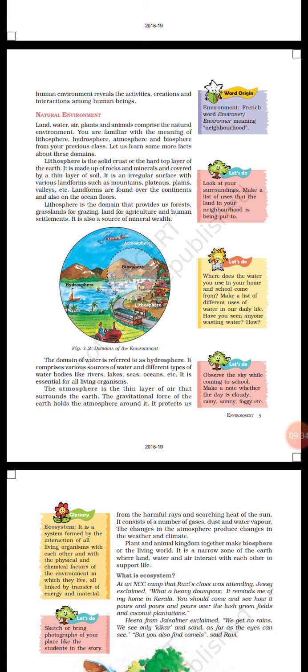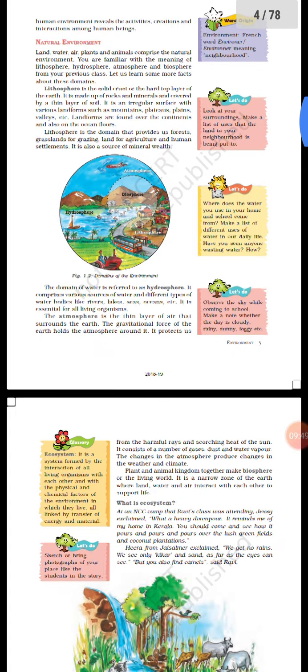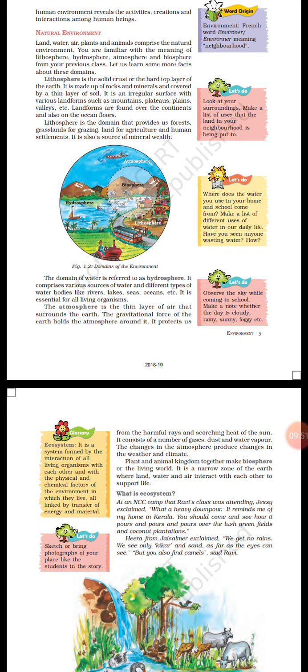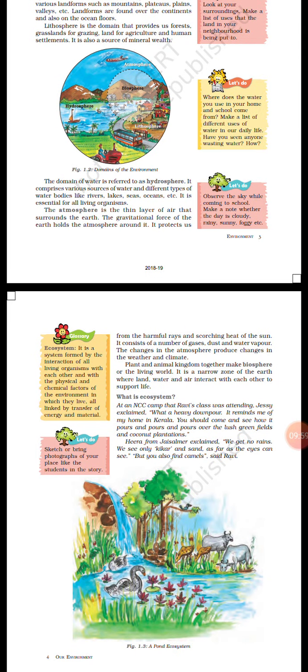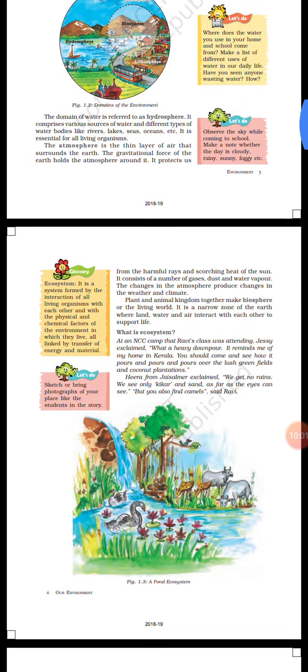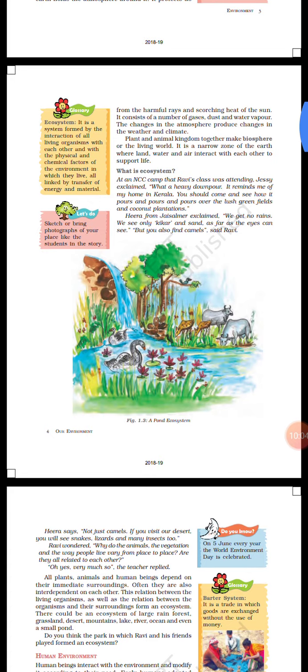The relation between the living organisms as well as the relation between the organisms and their surroundings forms an ecosystem. An ecosystem can be found in lakes, mountains, oceans, ponds, etc. Human beings modify the natural environment as per their needs.